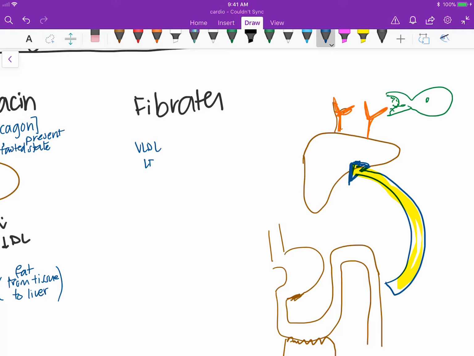You have LDLs, and somehow these need to be converted into glycerol or free fatty acids. Remember, glycerol is the carbohydrate chain, and the free fatty acid is just a long chain of CHs. So lipoprotein lipase is what does that.